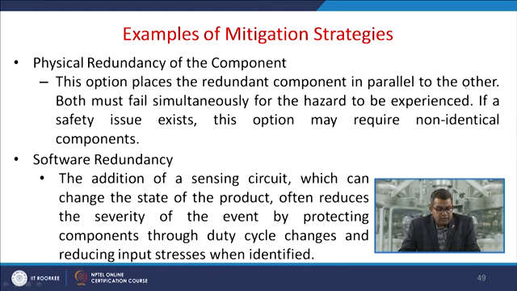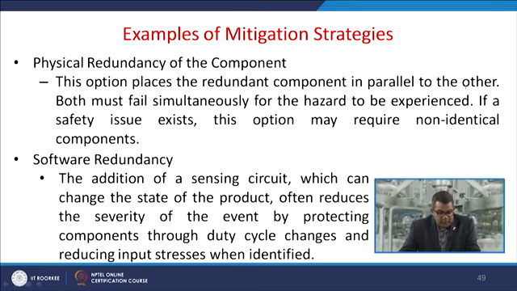Then there is physical redundancy of the component. Now, this option usually places the redundant component in parallel to the other one. So, both must fail simultaneously for the hazard to be experienced, and that is very unprecedented. If a safety issue exists, the option may require non-identical components.